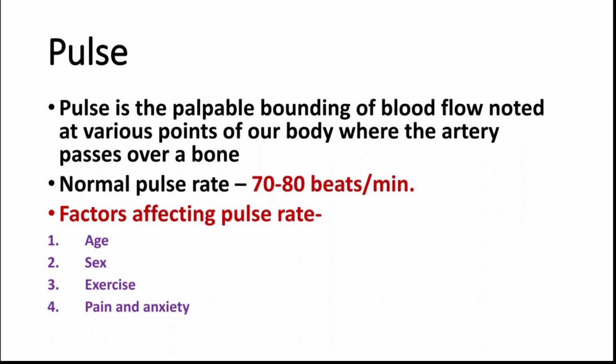By the ejection of each stroke volume during systole of our heart and distension of the walls of the aorta, a pulse wave is generated as it travels rapidly towards the distal part of our artery.